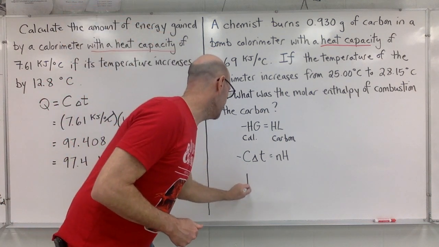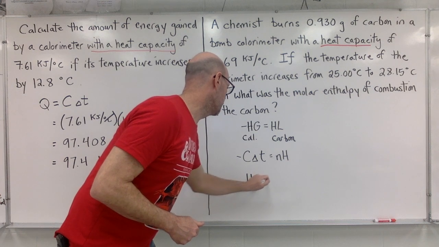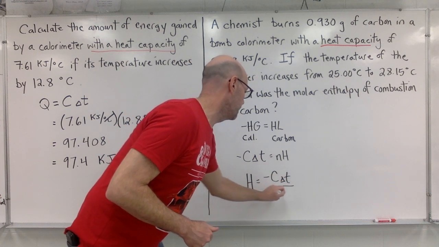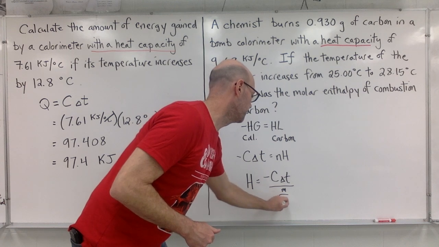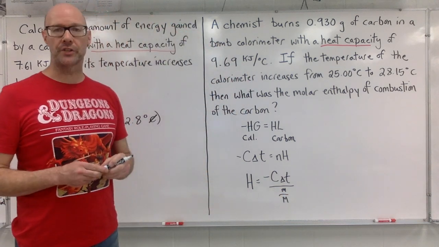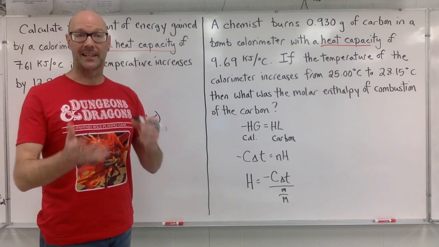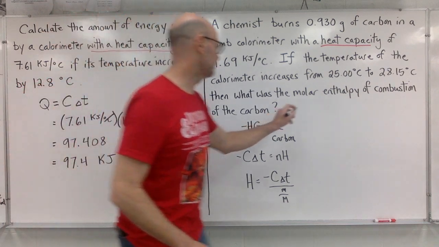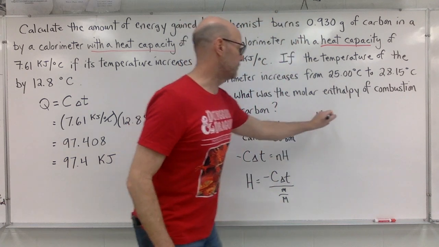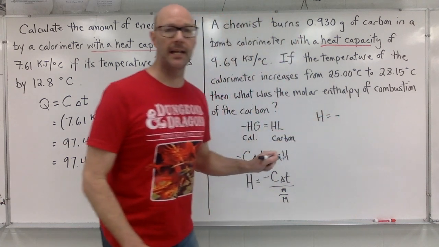So that's H equals that negative C delta T, but then it turns into mass over molar mass for the moles of the carbon. Let's substitute. H equals the negative. Don't forget that big negative.